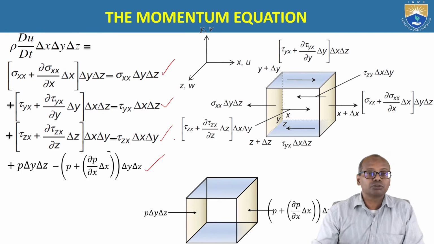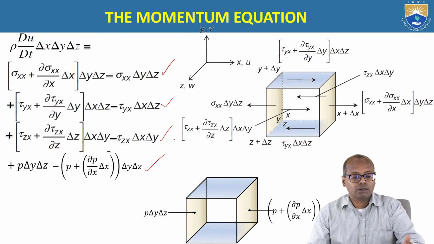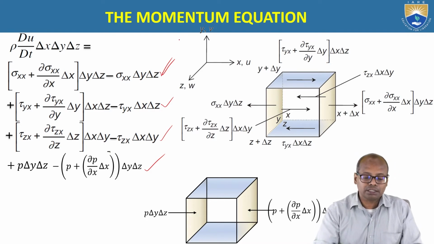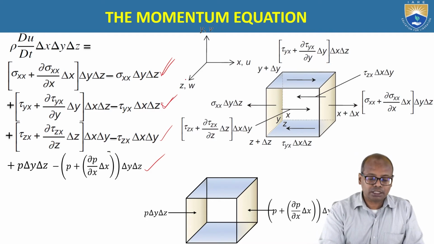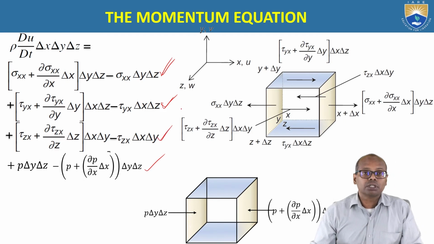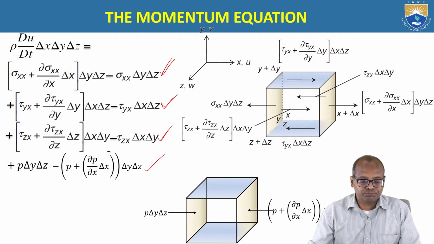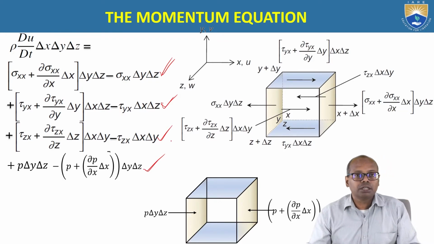This is the force due to normal stresses. This is the force due to tangential stress in the y direction, the force due to the tangential stress varying in the z direction, tau z, and this is the force due to the pressure.